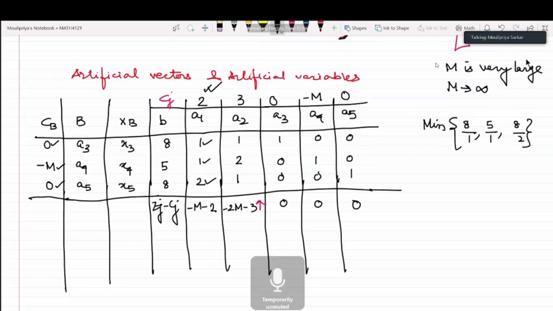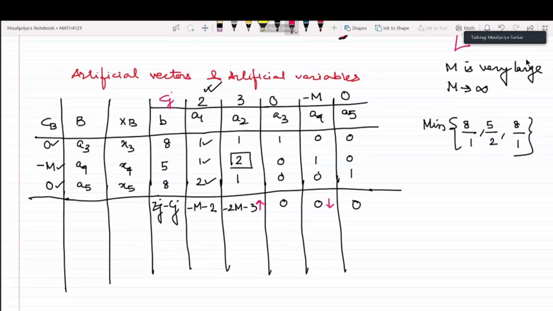Sorry, did I do it the wrong way around? I made a mistake. It is 8 by 1, 5 by 2, 8 by 1. Then which is giving us the minimum value? Minimum value comes from the ratio 5 by 2. So A4 is your departing vector. Right? First of all, the artificial vector is the one to leave the basis. Am I okay with this?